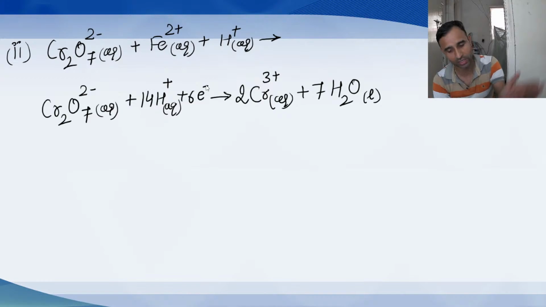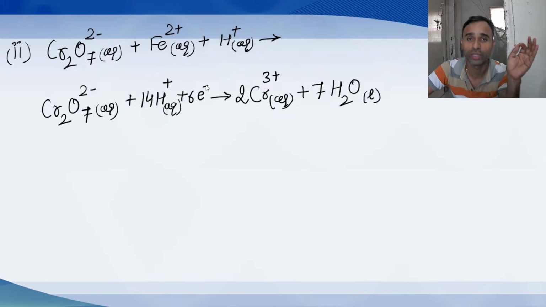They balance the whole equation with 9 instead of 6, because they take chromium as 1 only. So always keep in mind that chromium on both sides should be balanced before balancing oxygen or hydrogen. Okay, so this is the balanced equation.